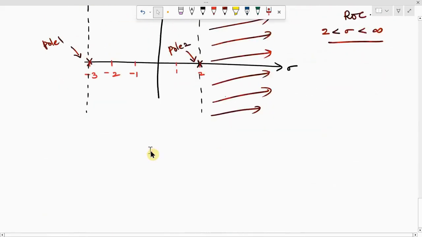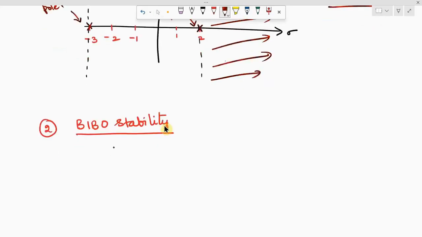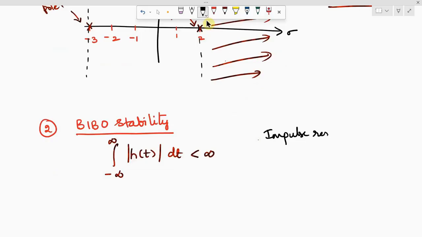Yes, sir. Now we will go for the second one. What is the second condition? It is for BIBO stability. The condition for BIBO stability, which we wrote earlier in terms of impulse response, is that the impulse response should be absolutely integrable.